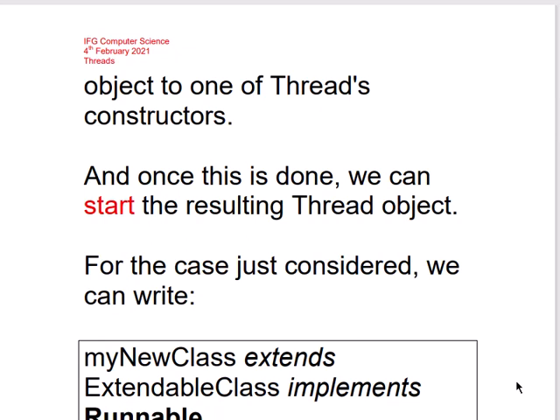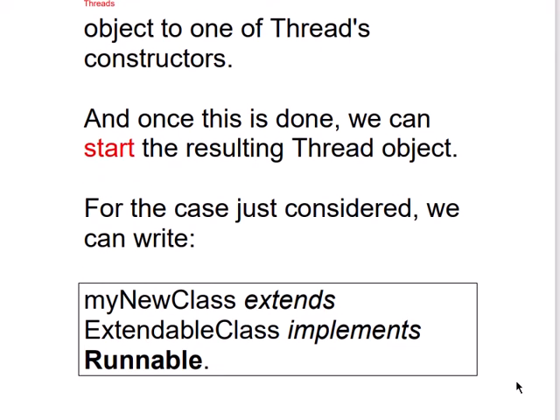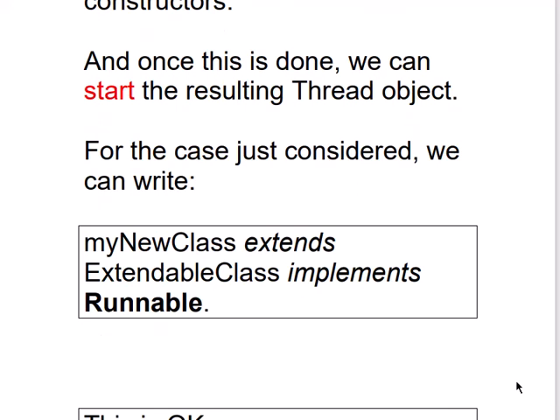Once you've passed the runnable object to the Thread's constructor, you will get an object that can be started. What I mean by that is you can start the run method in your subclass executing.